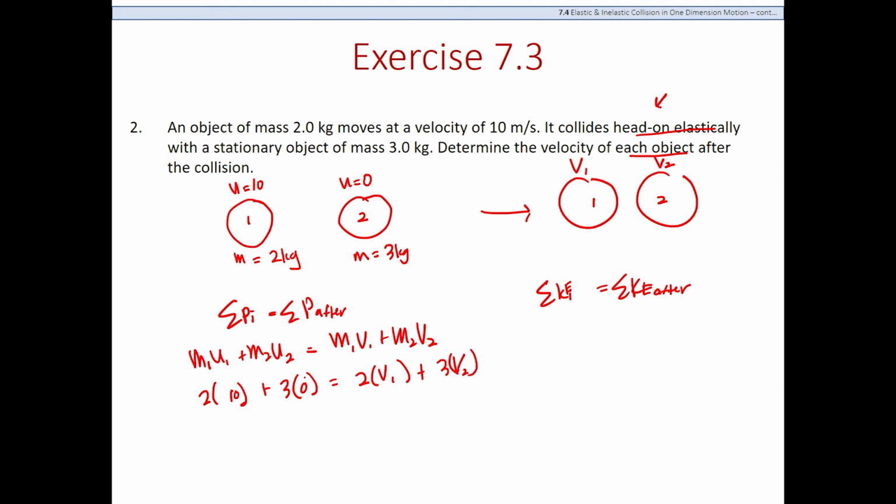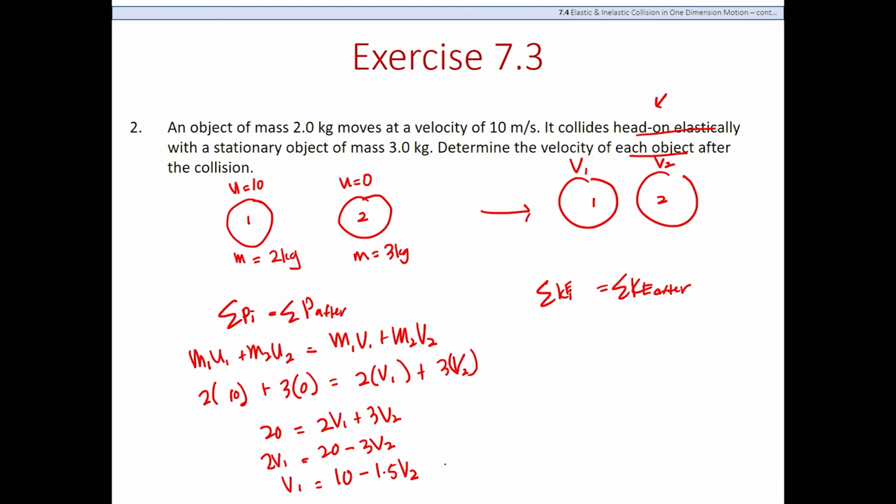So 20 equals 2 v1 plus 3 v2. We can put v1 on one side: 2 v1 equals 20 minus 3 v2, or v1 equals 10 minus 1.5 v2. This is equation number 1.